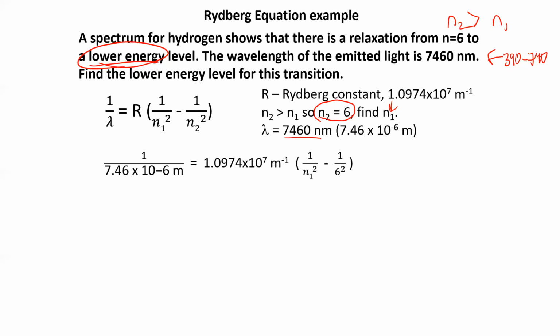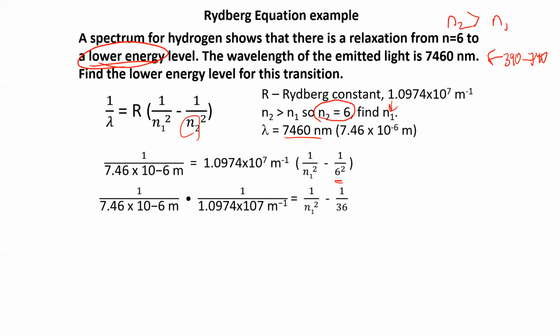And we plug everything in. And again, remember the N2 is the 6. So then we're going to square that and get 36. We're going to divide both sides by Rydberg's constant. We get this number, and we see that the meters cancel. So this is unitless for the energy level.